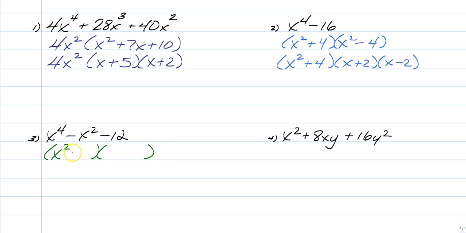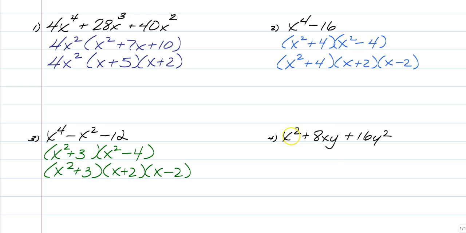So this would be x squared plus 3 and x squared minus 4, because the negative 4 and the positive 3 will multiply to a negative 12 and add to a negative 1. But just like the last example, here is a difference of 2 squares. So we would factor that some more and leave it as x squared plus 3, x plus 2, and x minus 2. Okay, so again, not that difficult, it's just a step above what we would normally do.